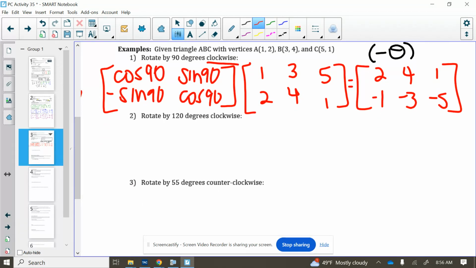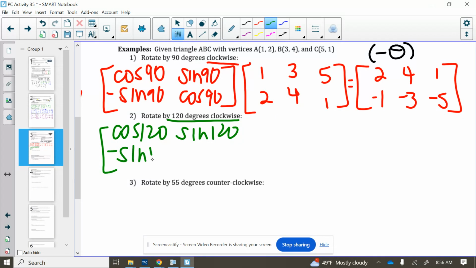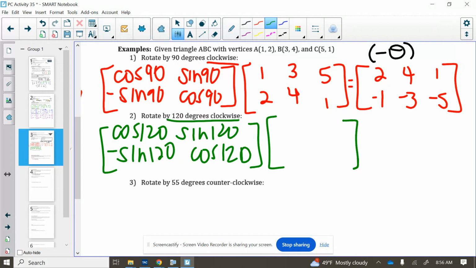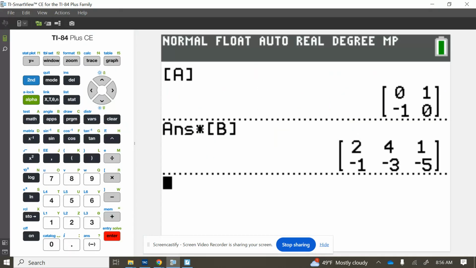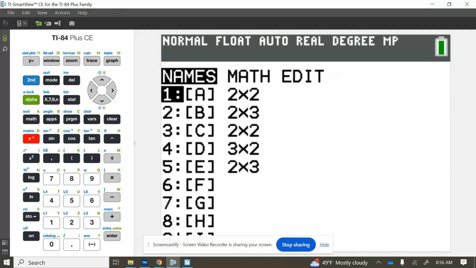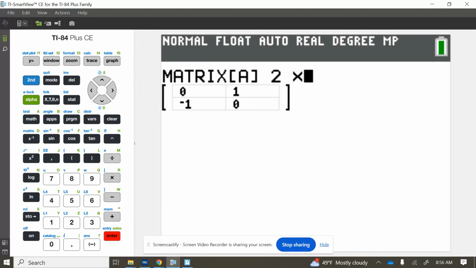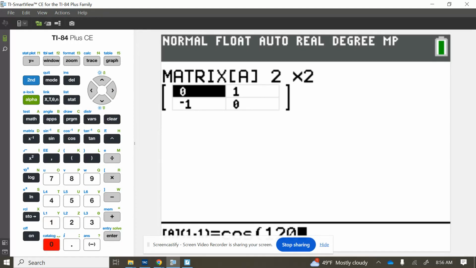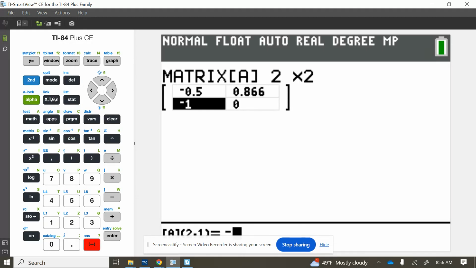We can also rotate by other angles. This time we're going 120 clockwise, so cos 120, sine 120, negative sine 120, cos 120. And again, we will be multiplying that by that same matrix, that same point. So this time, we can edit so that matrix A is now using cosine of 120, sine 120, negative sine 120, and the last one is cos 120.